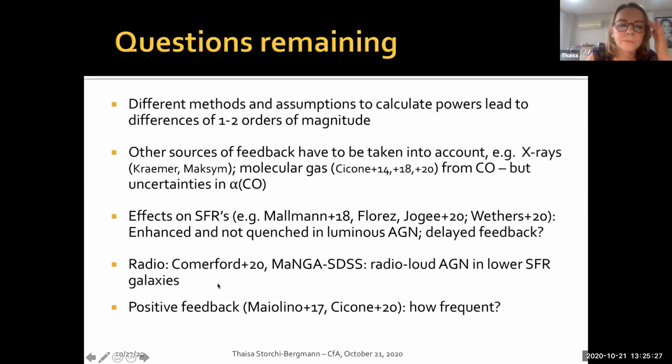And well, there are some other considerations about radio, that the radio loud AGN are usually observed in lower star formation rate galaxies. And there is also the role of the positive feedback that has been observed in some sources, but I think we don't have any statistics so far.